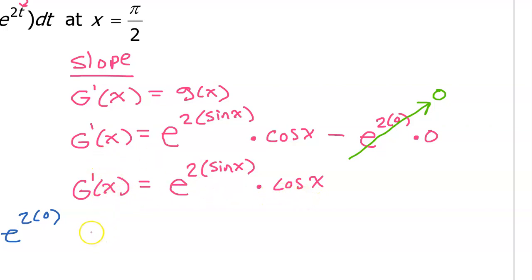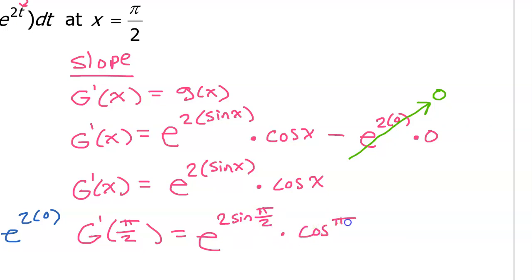Now we need to evaluate the derivative at pi over 2. So we need to do capital G prime at pi over 2. So that will equal e to the 2 times sine of pi over 2 times the cosine of pi over 2.